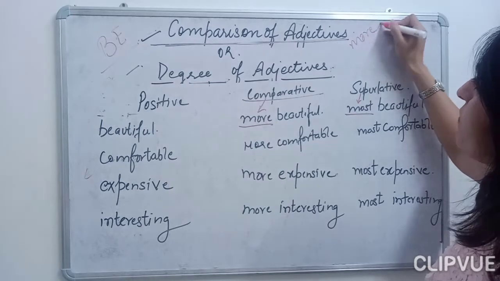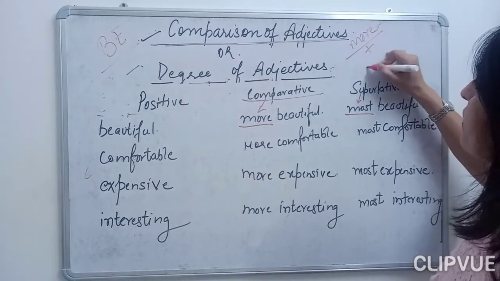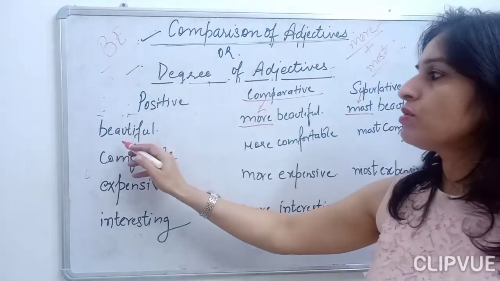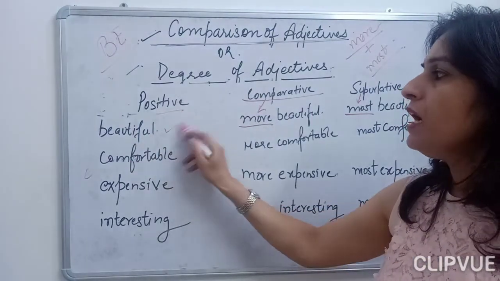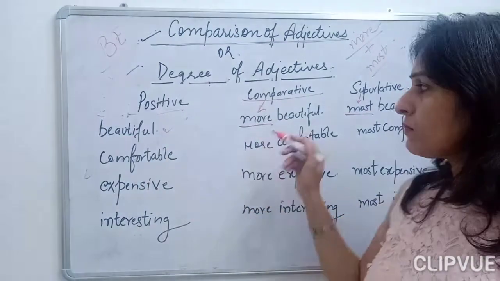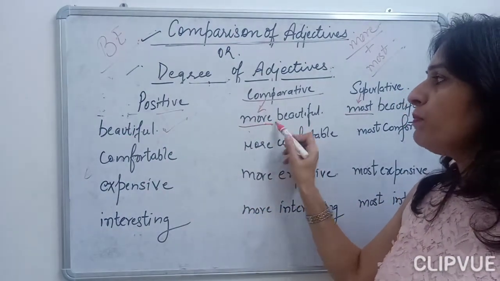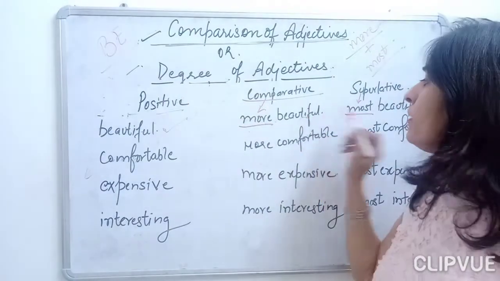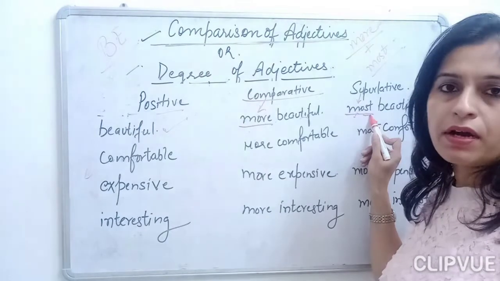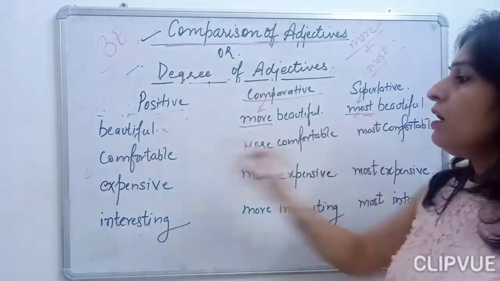Fine. So how does it go, children? See, positive degree, beautiful girl. Reena is a beautiful girl. Sheena is more beautiful than Reena. Sheena is the most beautiful girl among her classmates.